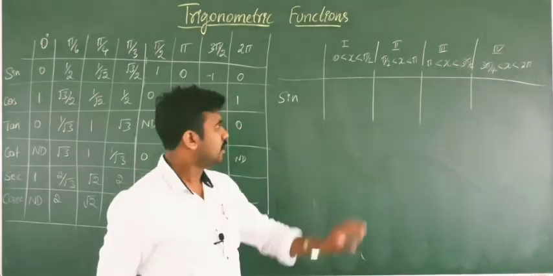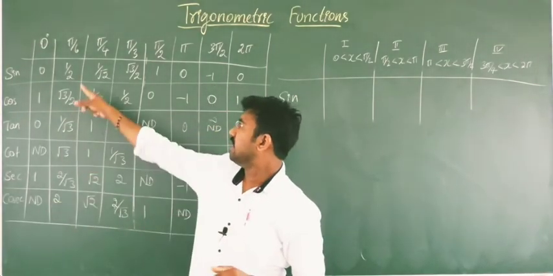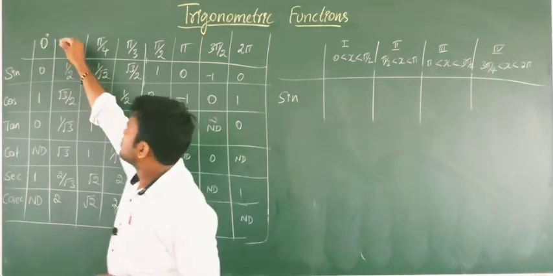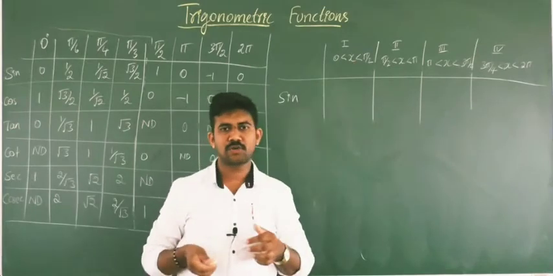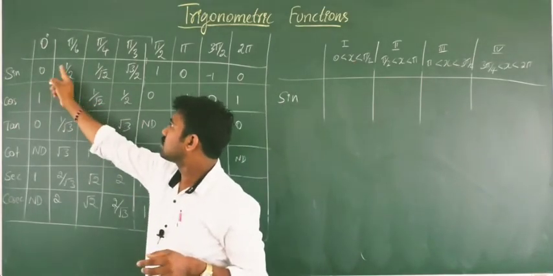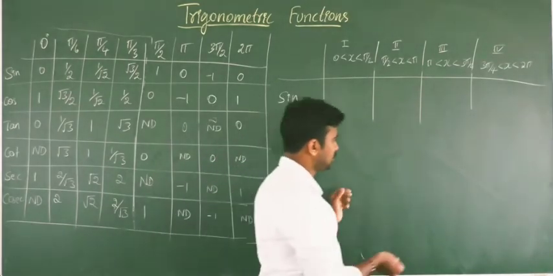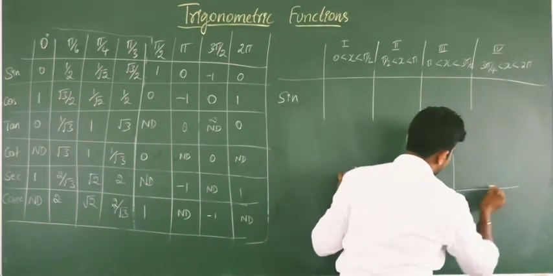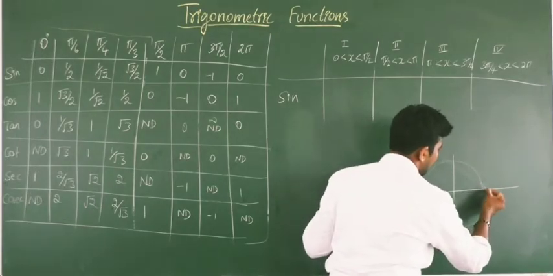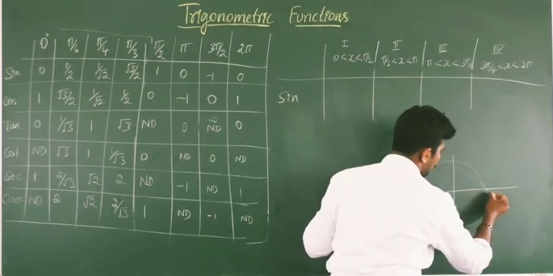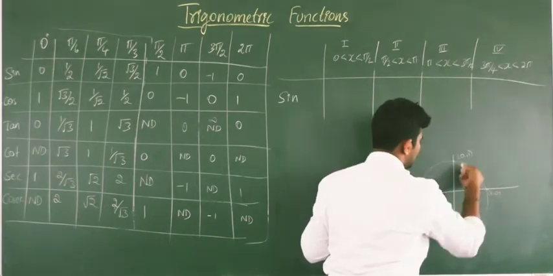See here, if we come to the sine function, in the first quadrant, that is from 0 to pi by 2, the sine value goes on increasing from 0 to 1. You can observe if you consider a unit circle, here this point is (1, 0) and (0, minus 1).